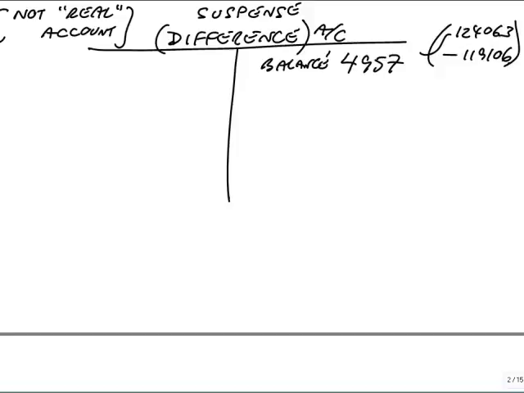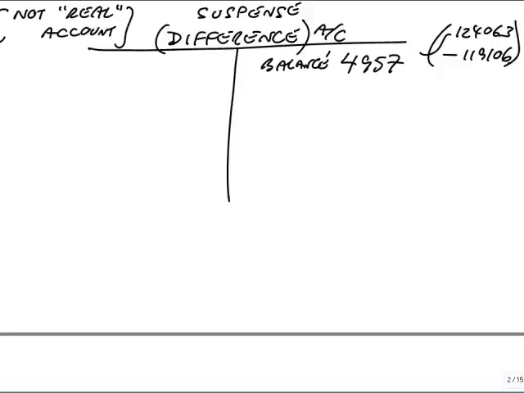Okay? However, you're all happy where that figure came from. All right? It's to make the trial balance balance. So here our debits are bigger than our credits. If we did have an extra credit, it would balance. All right.